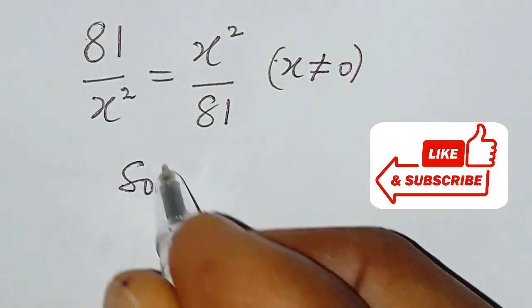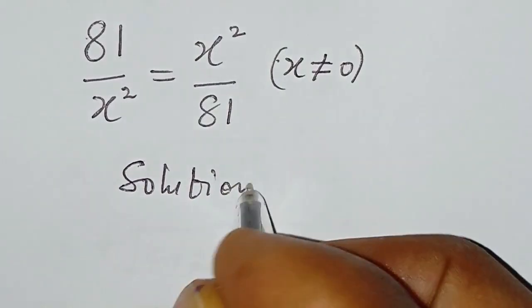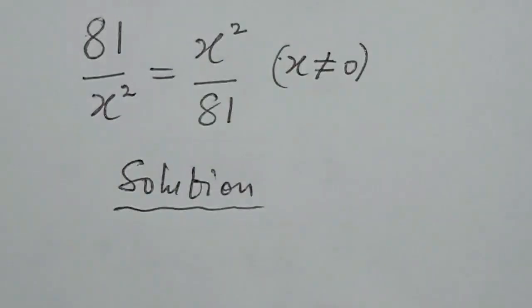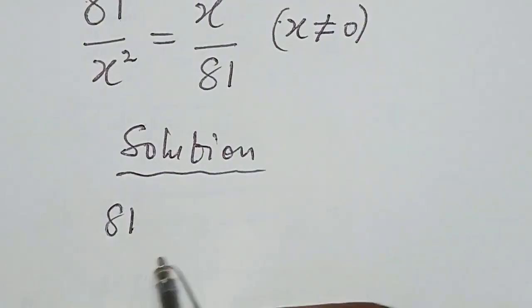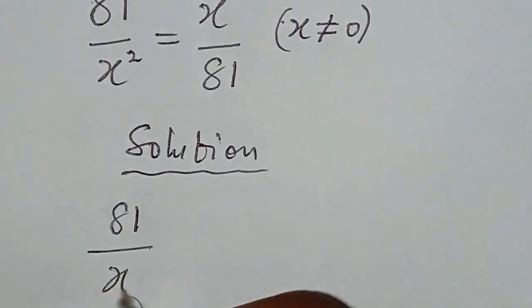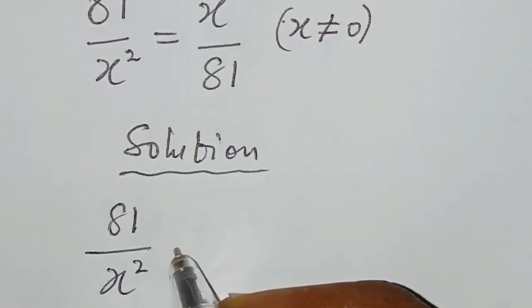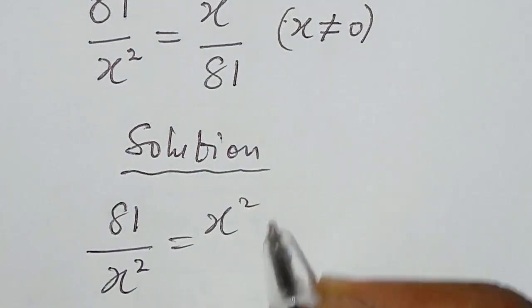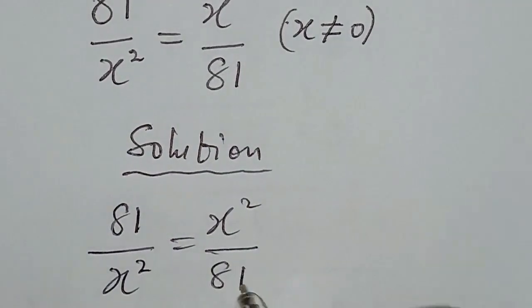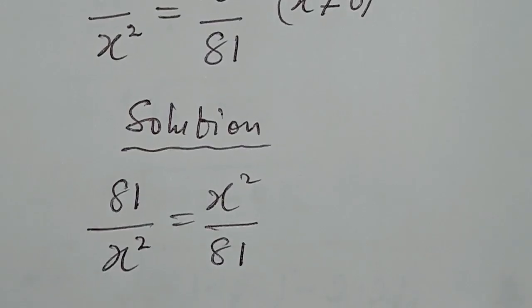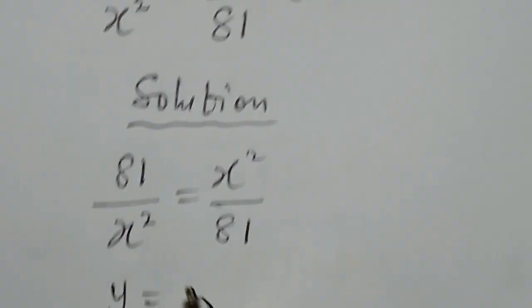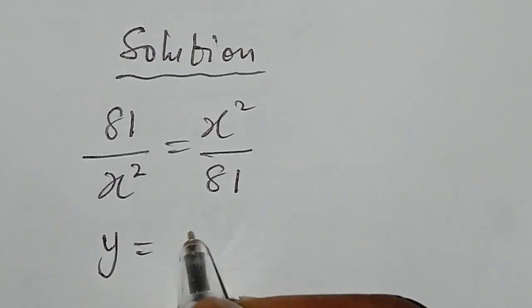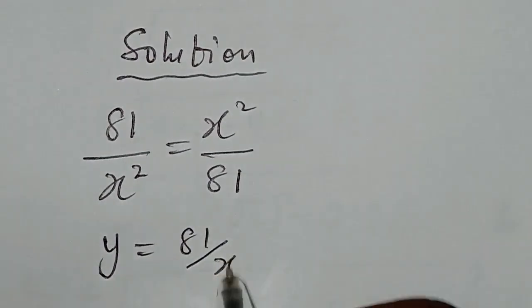Solution. We have 81 over x squared equals x squared over 81. Now let's have y be equal to 81 over x.